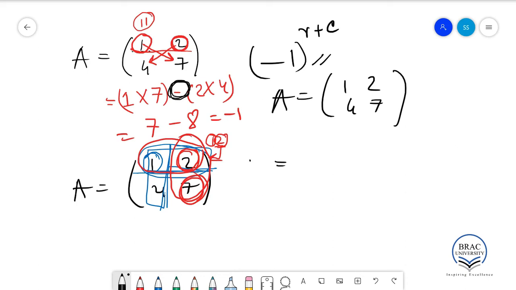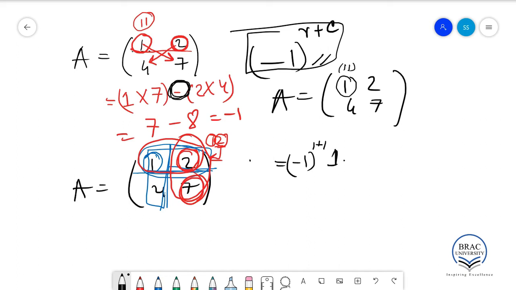First I write this 1, and there is a sign problem, and this sign problem is fixed by this rule. So first you write (-1), and this is in the first row and the first column. This is the 1 1 element, so the power is 1 plus 1, and then you write this 1, forget about this row and this column, and multiply with 7.